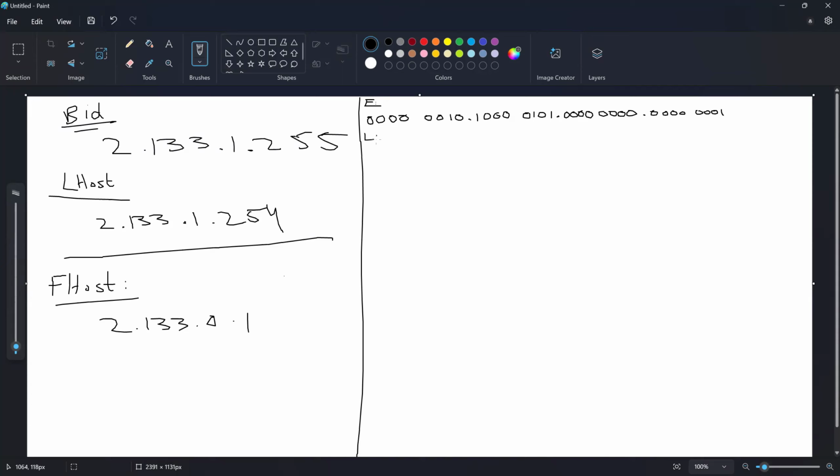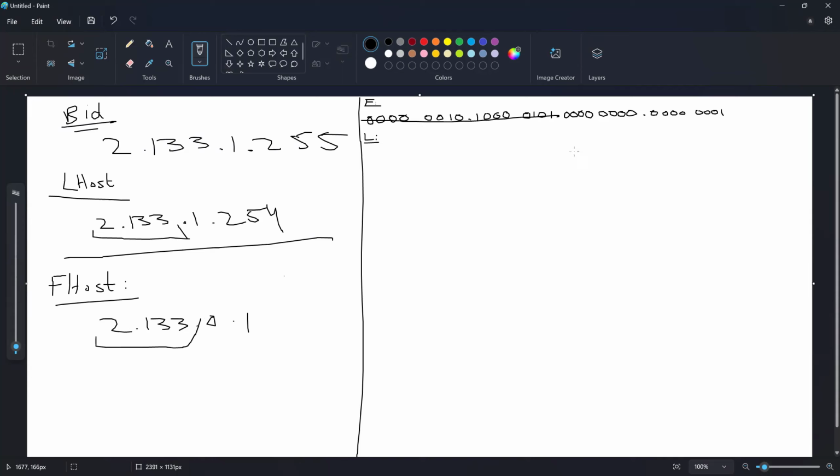Now last host is 2. Well, I shouldn't have written the whole thing again. You just need to write the ones that are not in common. So 2.133 are already identical, so you only need to write the last two octets. So I will just cross out the first two octets from the first host.